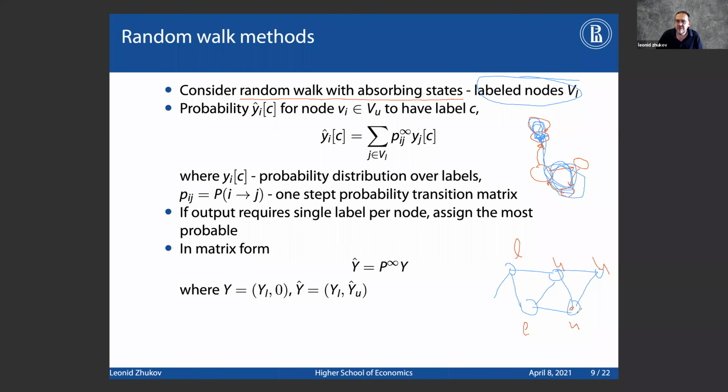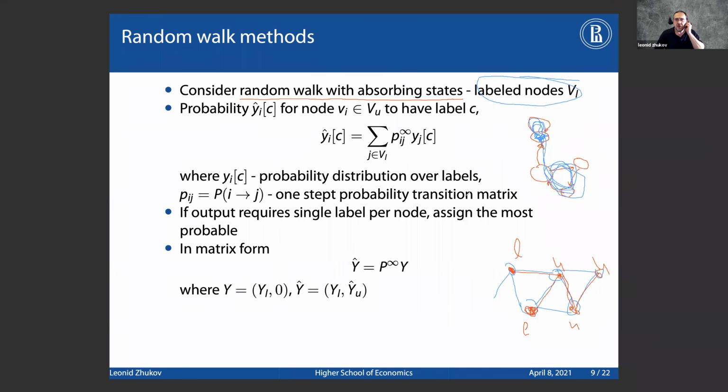Let's say you walk from here randomly to here, and then you step here, and that's a labeled node, which is considered absorbing, and your walk is done. Or you start from here, you get here, then you get here, and it's also a labeled node. It's absorbed, you're done.